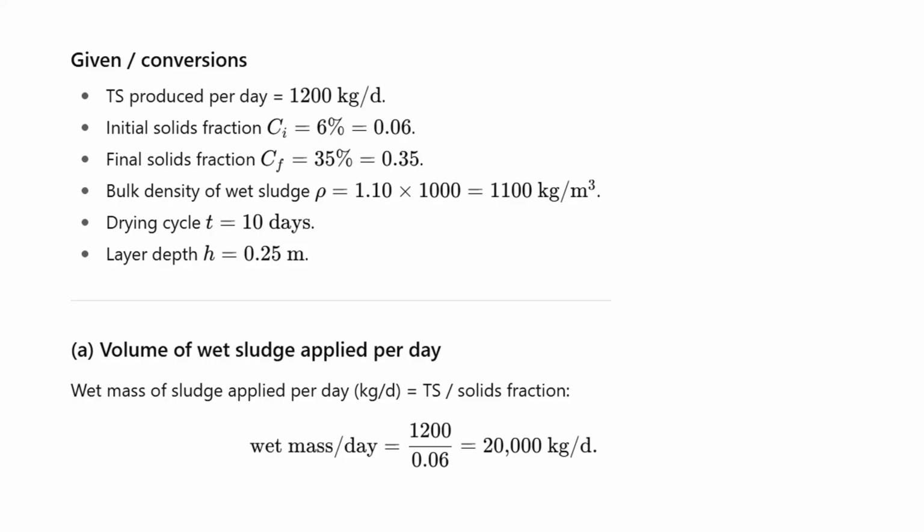This implies the weight of wet sludge per day is equal to 1200 into 100 divided by 6.